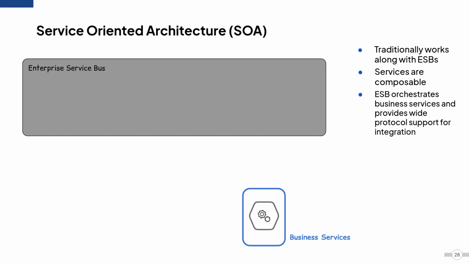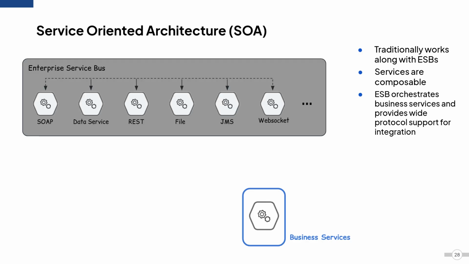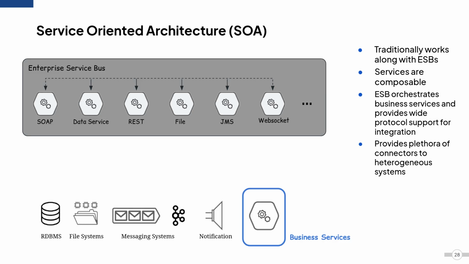You had separate business services. Services are composable. ESB orchestrates the business services and provides a wide variety of protocol support for integrations like SOAP, data services, REST APIs, file integrations, JMS, WebSocket, and many more, right? And so it provided a lot of connectors to different systems as well, and that's where the integration took place.